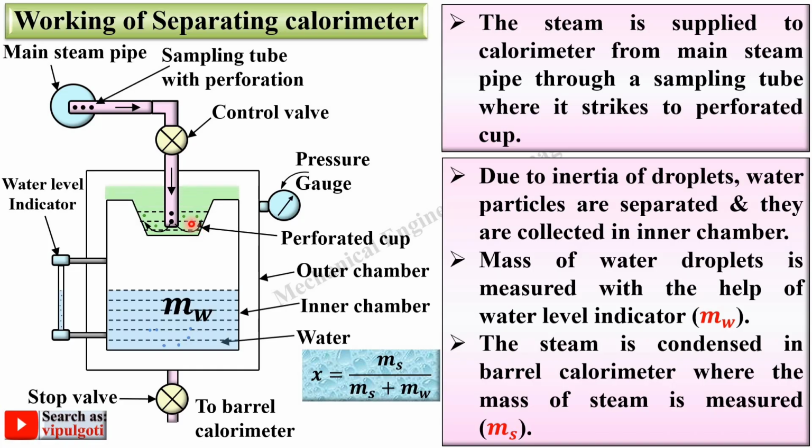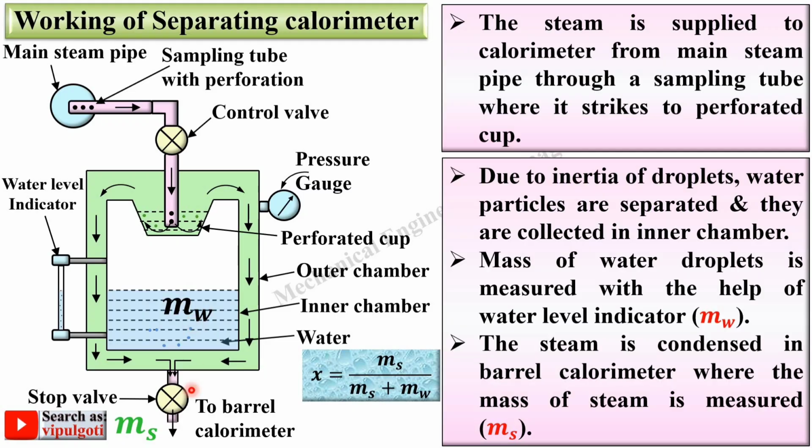See the animation so that you can understand exactly. Then it is bifurcated over here and flows in this direction, and then it comes out from this calorimeter and goes to the barrel calorimeter, where the weighing platform is there, so that you can measure the mass of the steam.